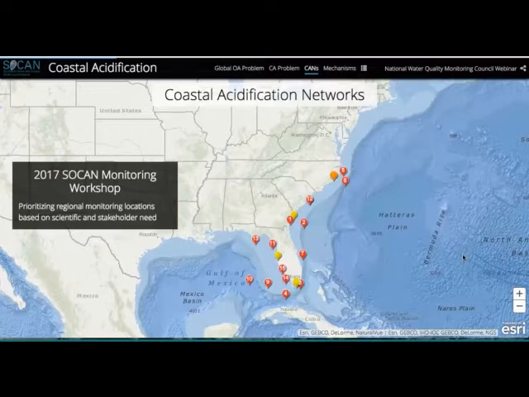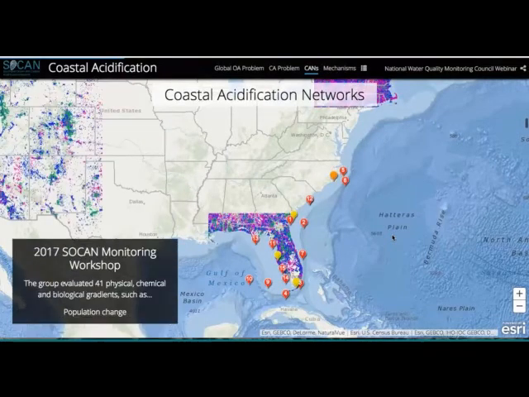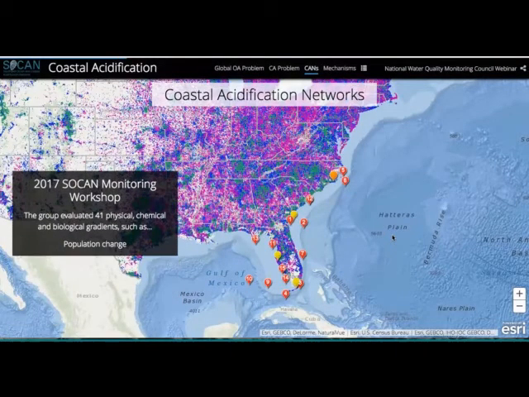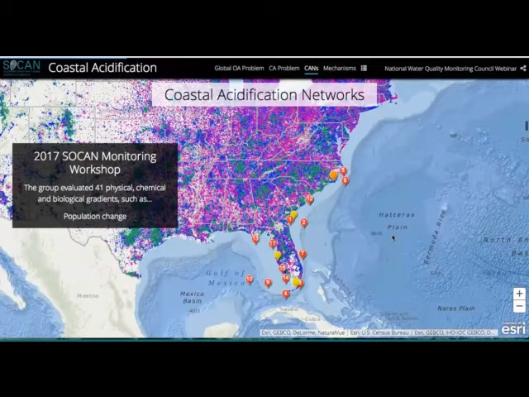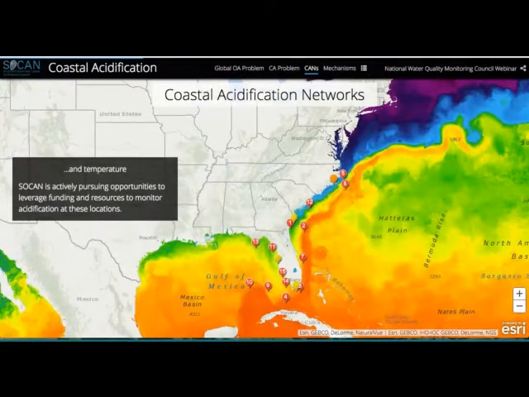So we looked at things like population change. We know that the Southeast has some of the most significant population change in all the United States, so we want to understand how that population change influences development and things like impervious surfaces that Janet will talk about more later. And we've also incorporated things like temperature and the location of the Gulf Stream.